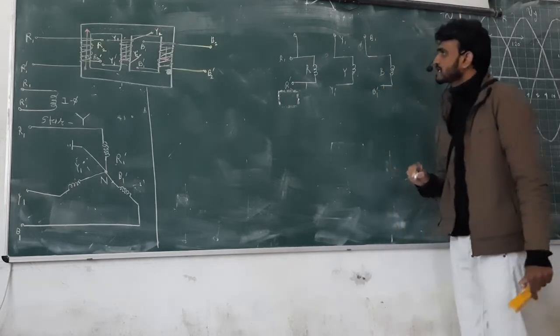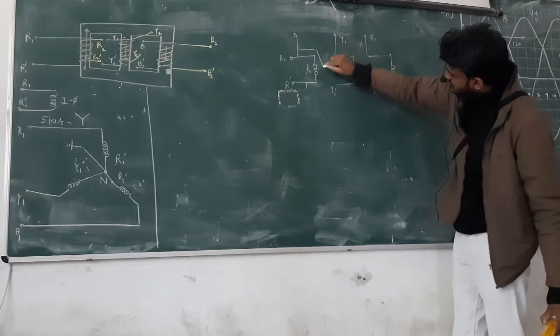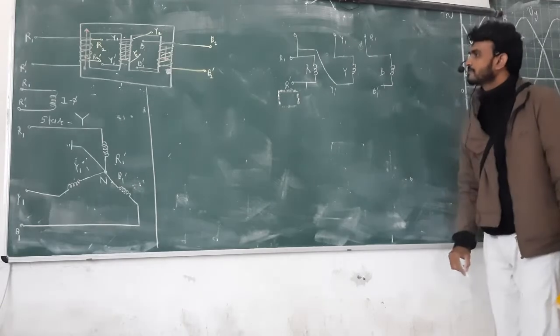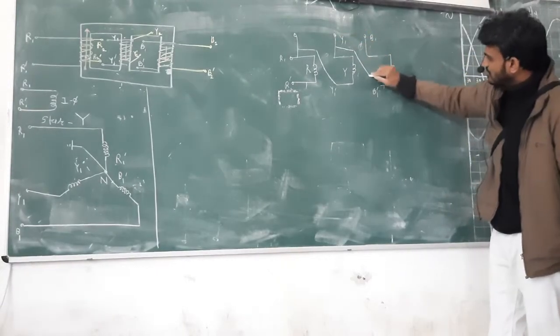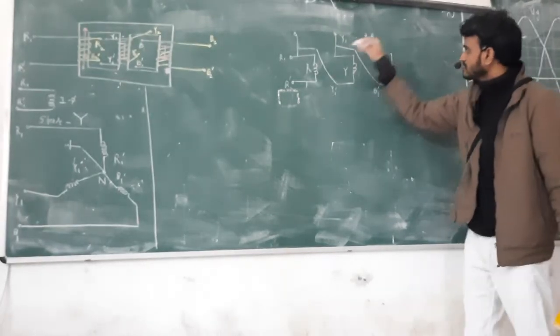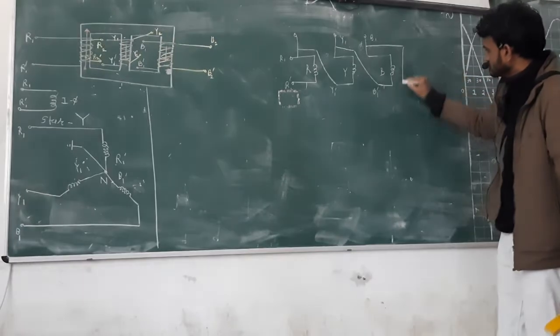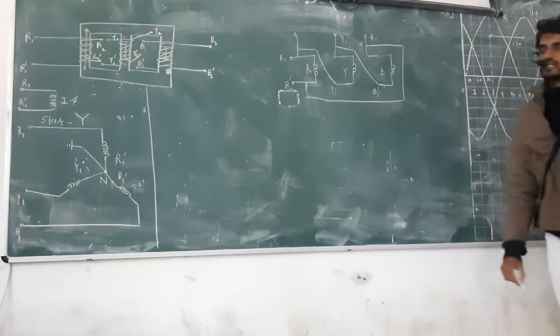I am going to connect R1 with Y1 dash in this way. Then Y1 with B1 dash. Then this terminal with that one. This is what we call delta connection.